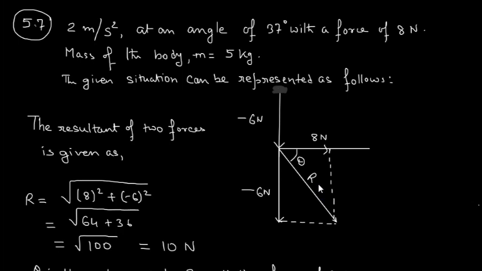This is the resultant which we are talking about, and this is one force, and this is the other force. So resultant R is equal to under root 8 square plus 6 square, which is equal to 64 plus 36, which is root 100, that is 10 Newton.